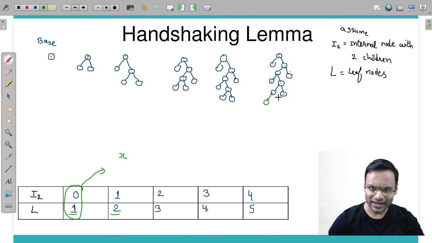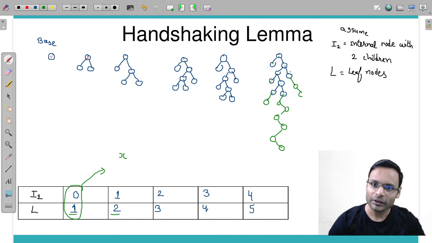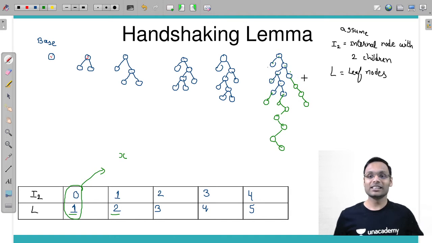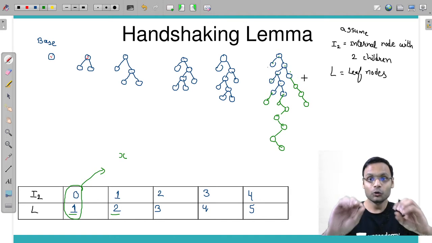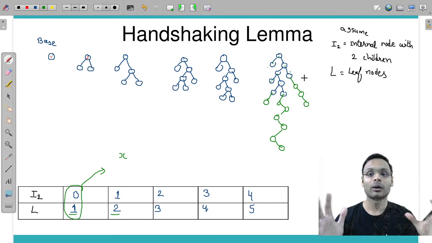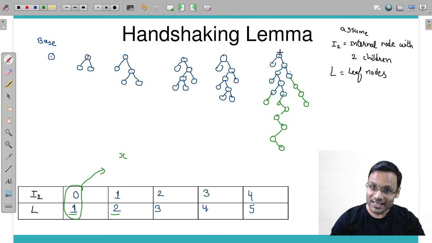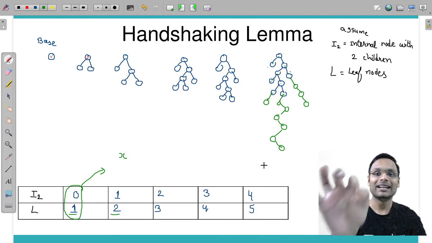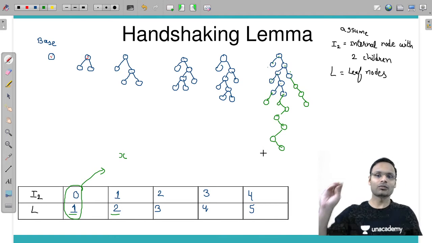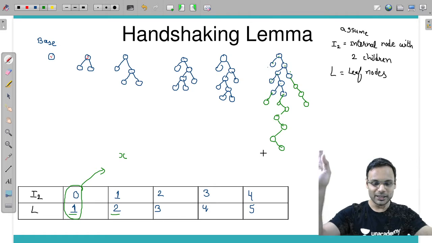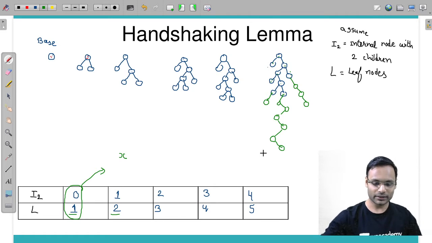So you can have certain examples like this. You can increase so many levels, so many internal nodes with a single child. You will always have 5 leaf nodes in this example when we have 4 internal nodes with 2 children. करके देख लो आप, आपको यही प्रूफ मिलेगा. एंड इट्स वेरी सिंपल थिंग.